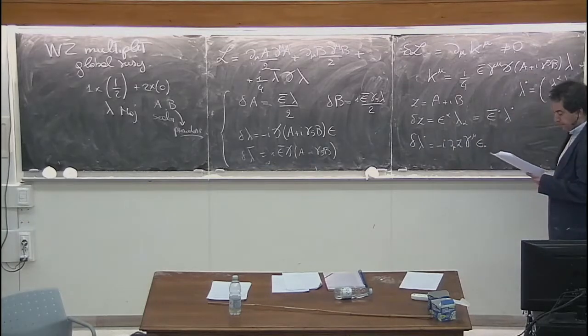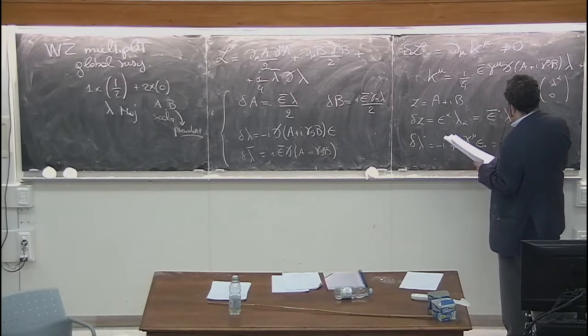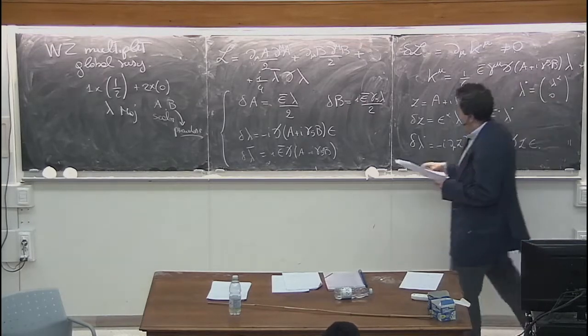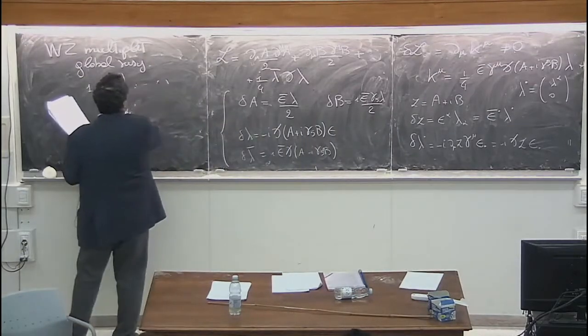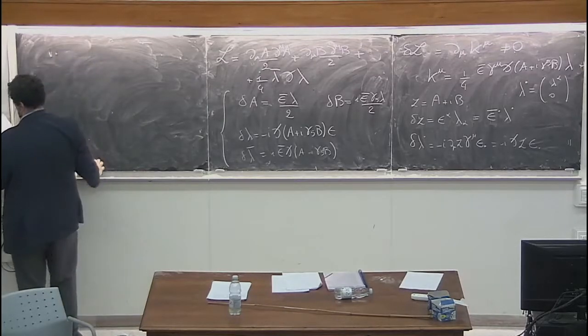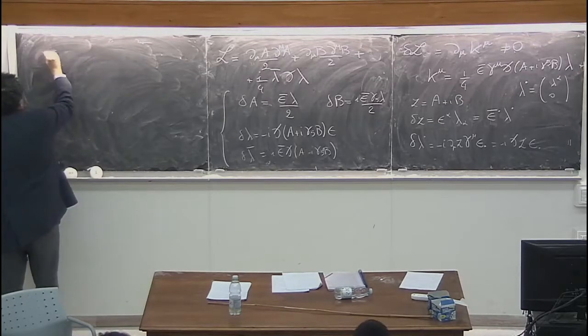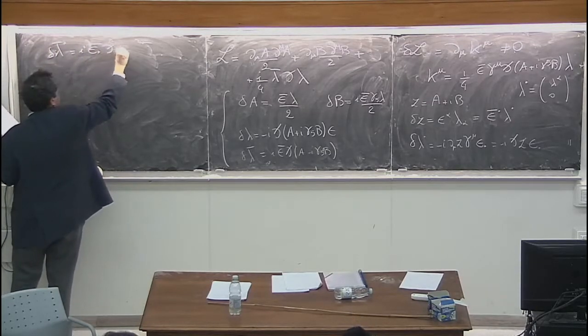Okay? Then δlambda bar, that's i epsilon dot ∂-slash Z.